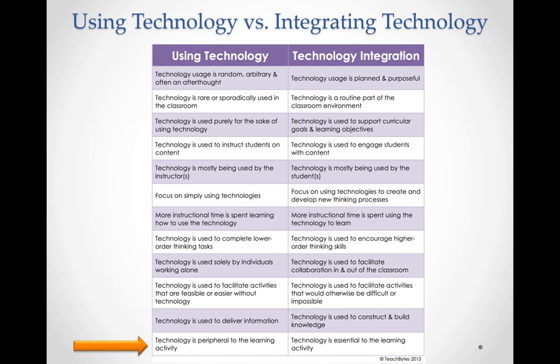Now, sometimes all you need to do is use the technology, and that's fine. But when you're in the role of teaching, when you're in the role of being that instructional leader, that faculty member, there are points that you want the technology to be integrated, to transform. How do we get to that point?